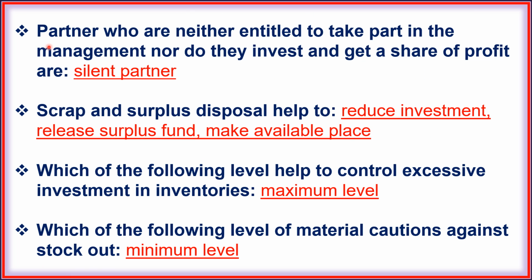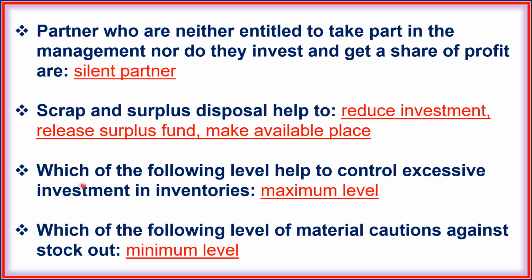Next, partners who are neither entitled to take part in the management nor do they invest and get a share of profit are called silent partner. Next, scrap and surplus disposal helps to reduce investment, release surplus fund and make available place.